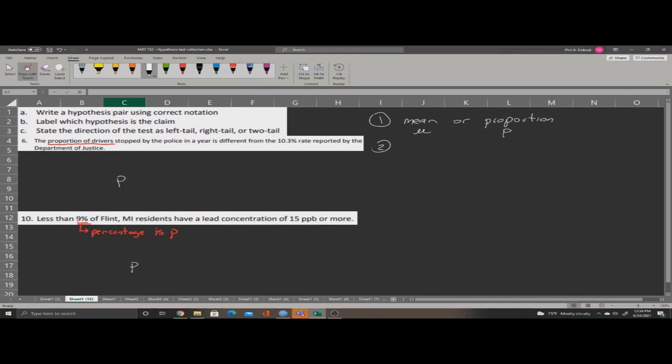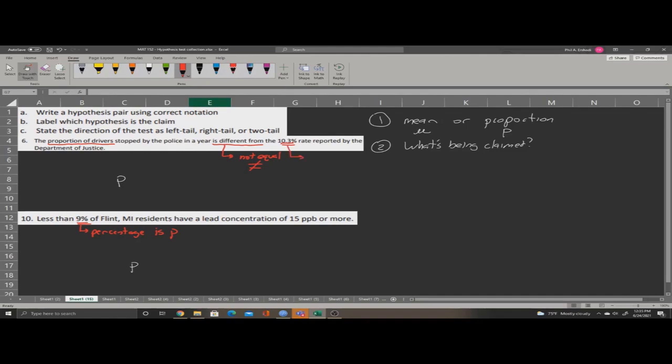Number 2, let's ask ourselves what's being claimed. Let's read through question 6. It says the proportion of drivers stopped by the police in a year is different from 10.3%. Now, different from means not equal, which is an equal sign with a slash through it.